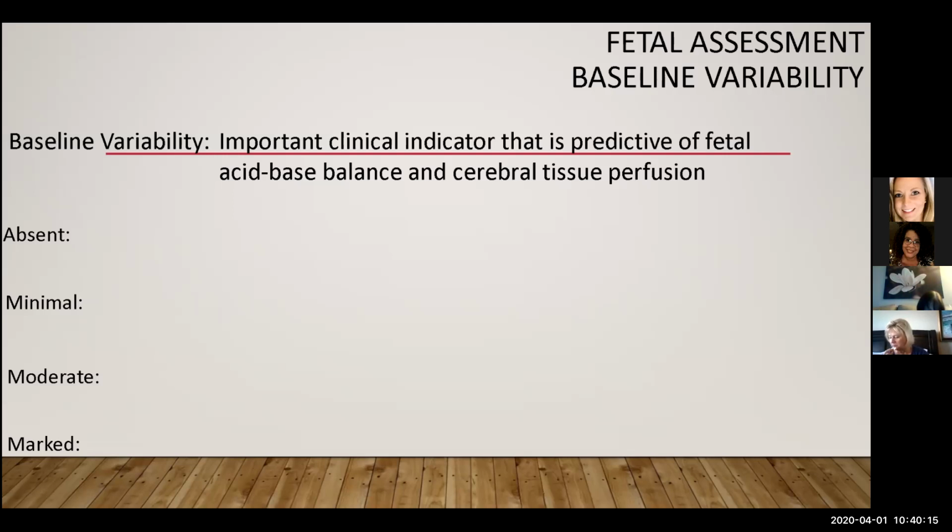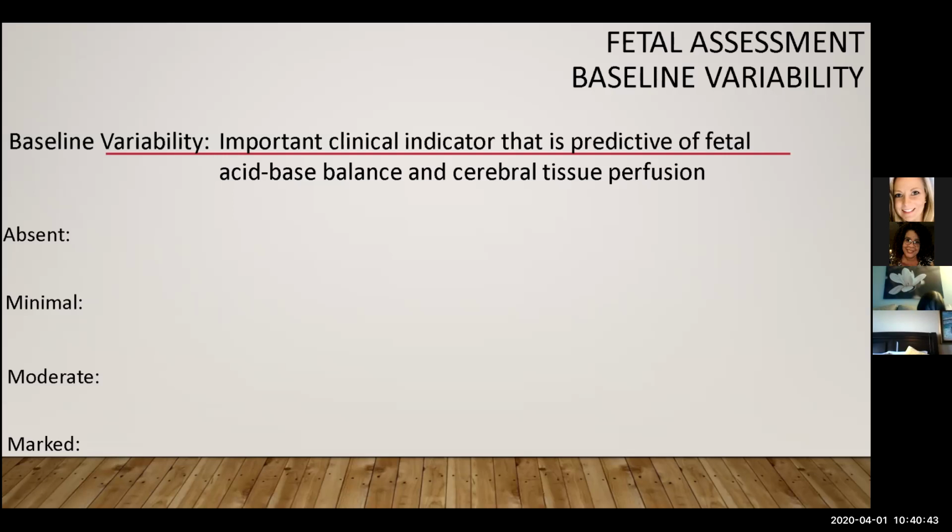So variability is described in 4 categories. Those are the ones that we're talking about on page 462 in Ricci. So you have your absent or undetectable, your minimal, which is observed typically at less than 5 beats per minute. You have your moderate variability, which is between 6 to 25 beats per minute. And you have marked variability, which is greater than 25 beats per minute.